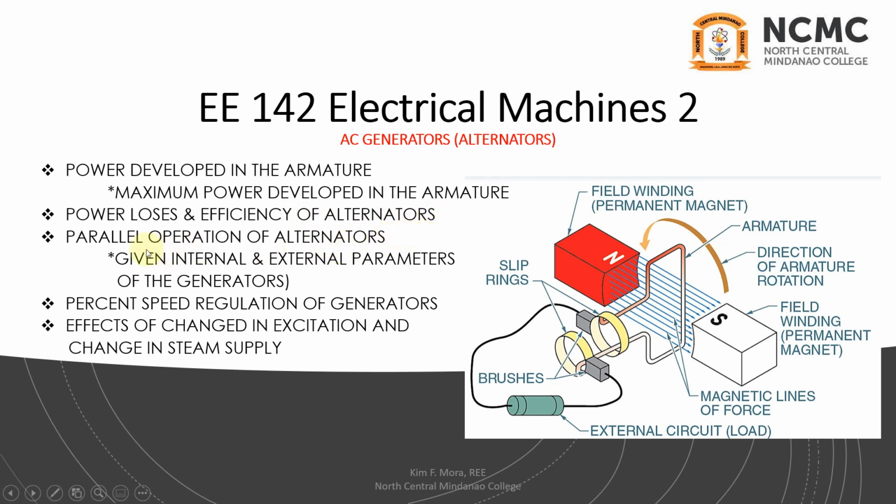Third is the parallel operation of alternators with given internal and external parameters of the generators. Fourth is about the percent speed regulation of generators. And lastly, the effects of change in excitation and change in the steam supply.